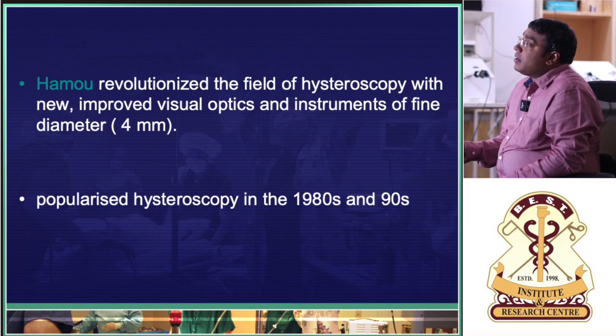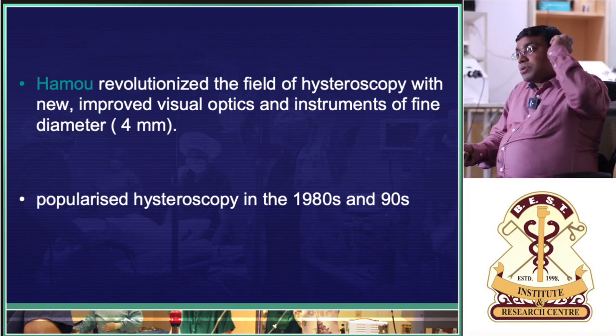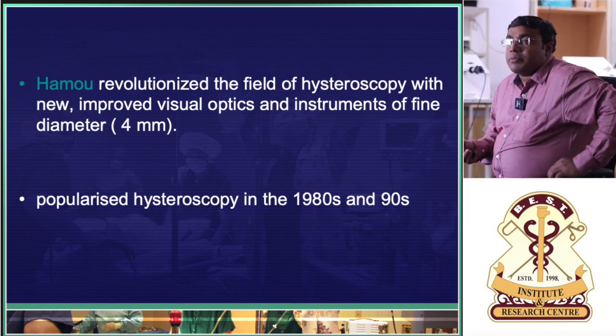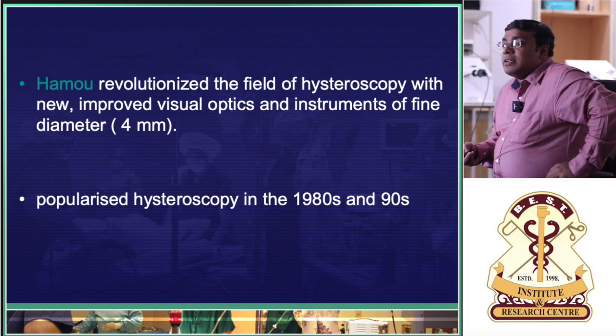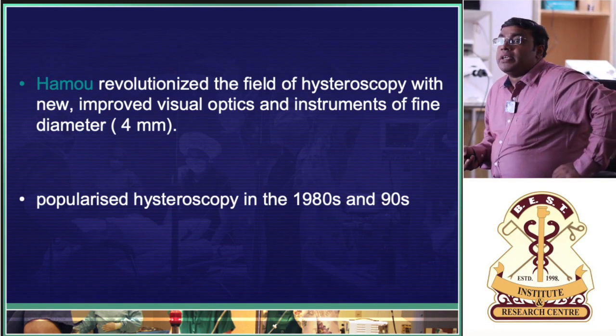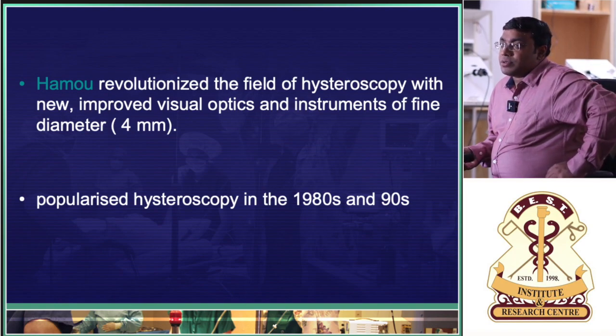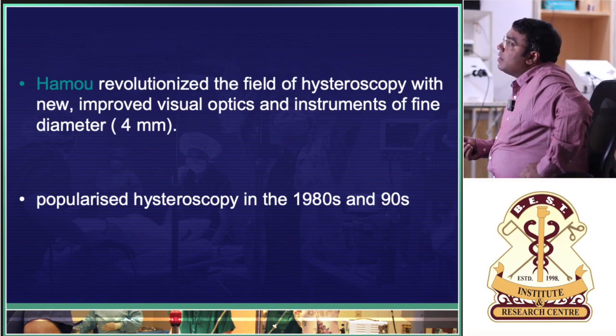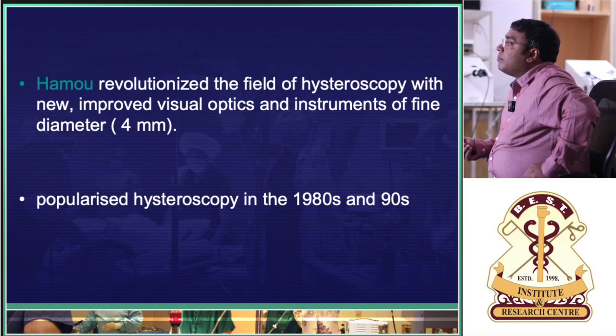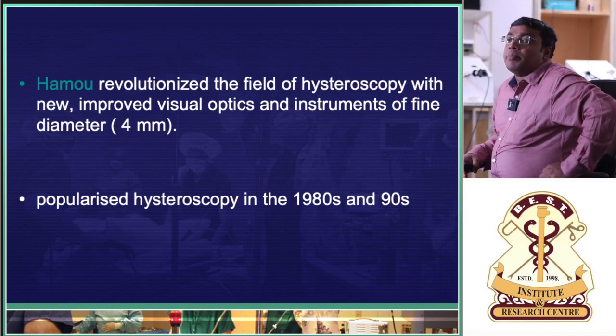So today Hamou's microhysteroscopes are the ones which are regularly being used. Any telescope less than 5 millimeter is a microhysteroscope, or the present day third generation hysteroscopes, which were made by Hamou, and then it became popular.